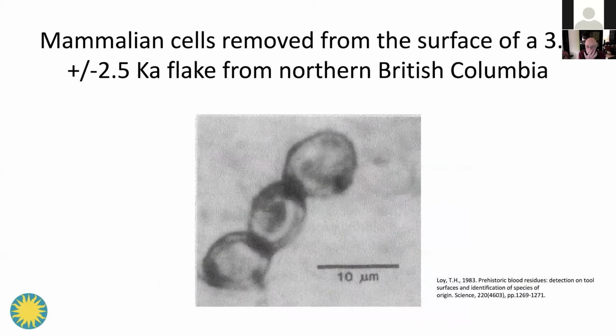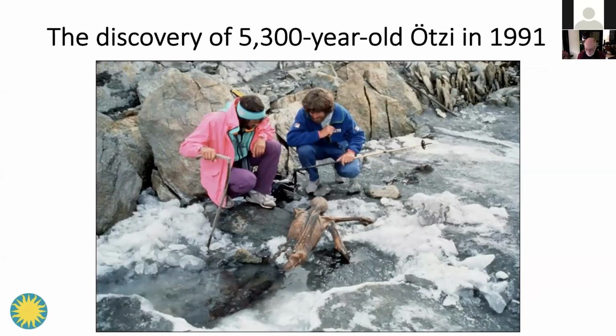And at higher magnification, he reported the presence of red blood cells on that obsidian rock flake. That data was actually very, very controversial, and in fact was proven to be false eventually. But we've progressed a lot over the last 40 years, and to the point where we have Ötzi.